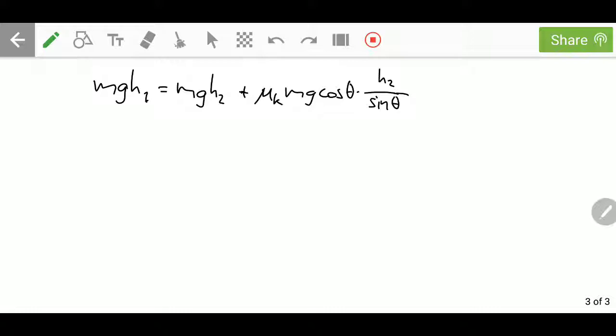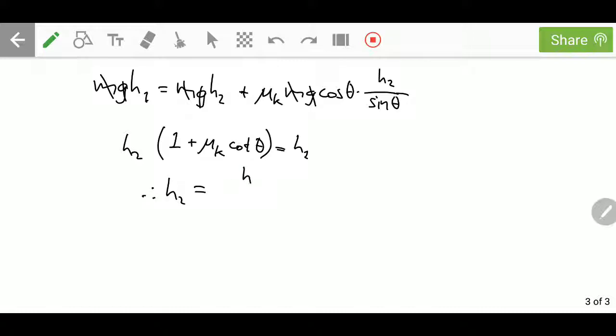And so we can remove all these mg's, and we get h2 times 1 plus mu k cotangent theta is equal to h1, and therefore h2 is equal to h1 over 1 plus mu k cotangent theta.